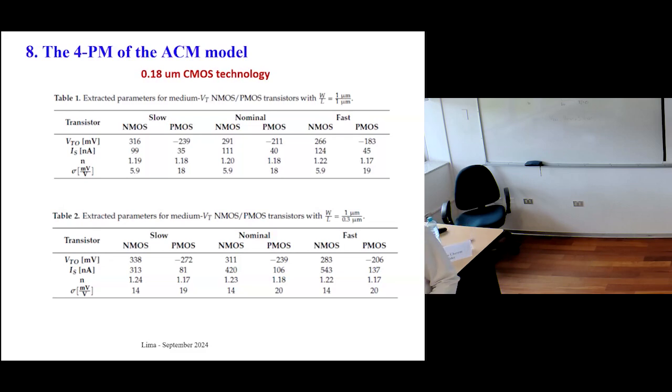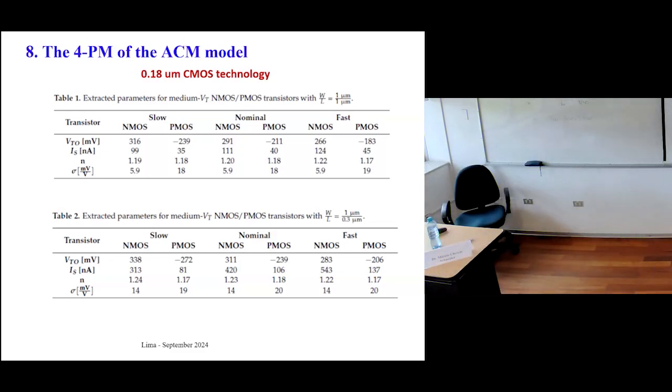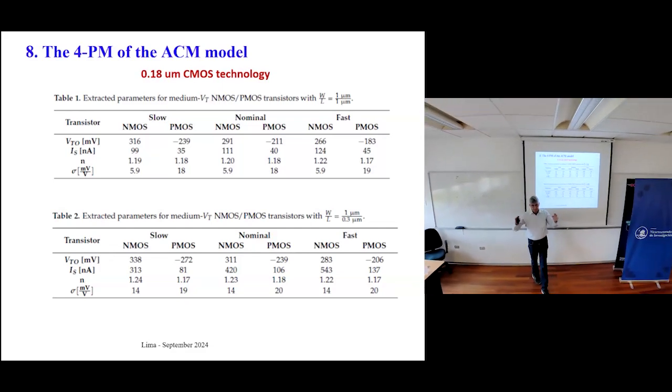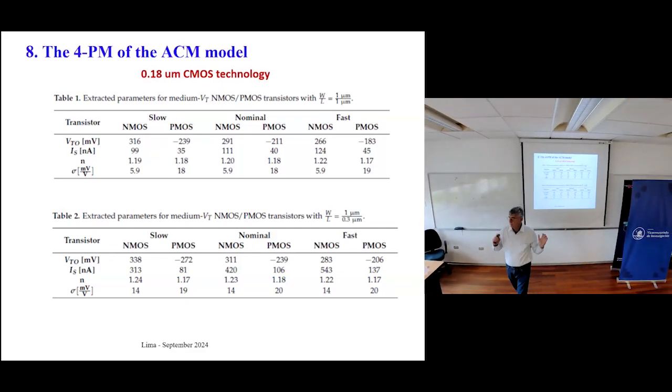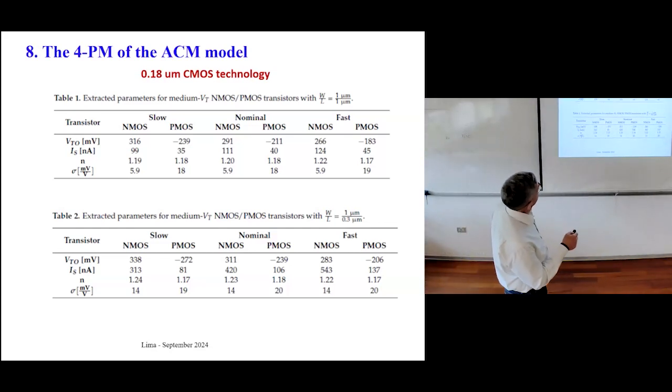So the manufacturer gives you information about this variation, because you have to be sure that your design will work correctly for the nominal values or for, say, the limit values of the technology. Okay, so this is an example.